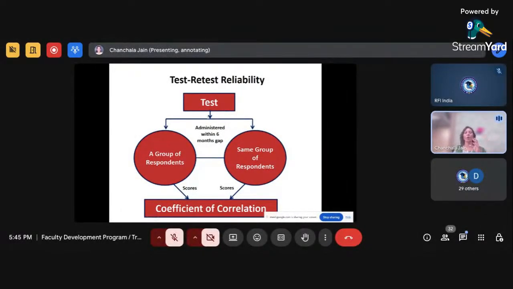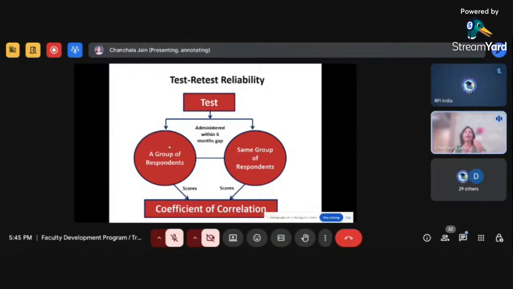Now you can see the circles are telling you I am conducting the test, or circulating my scale, 2 times, right? Suppose presently I am giving my scale to some group of people. Suppose there are 100 people, I'm providing my scale to those people and collecting their responses, their scores, right?